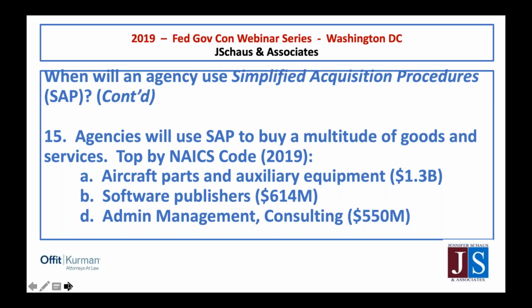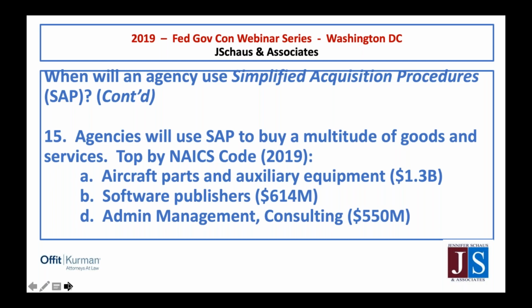Taking a look at the NAICS code, the North American Industry Classification System, government uses that for lots of different purposes, in terms of identifying size thresholds in particular, but they identify different industries. And if you take a look at the types of goods and services based upon NAICS code that the government purchases, you're going to see 3 of the top 5 here, and this is from 2019.